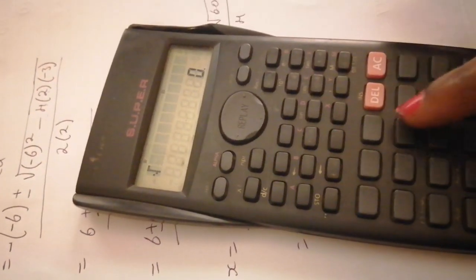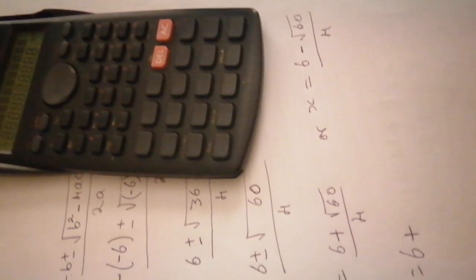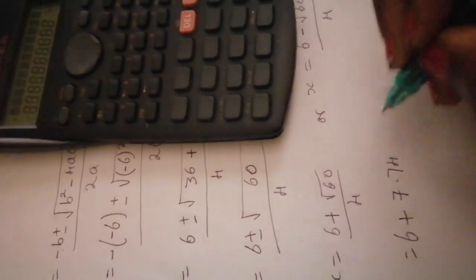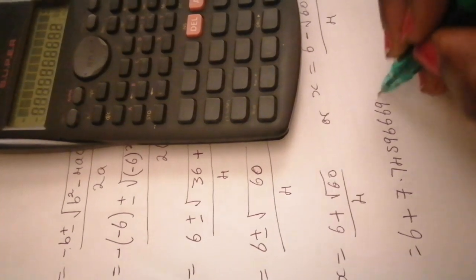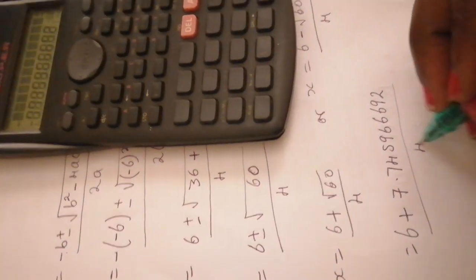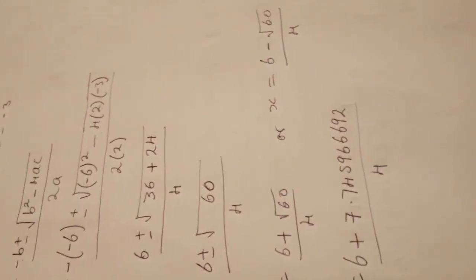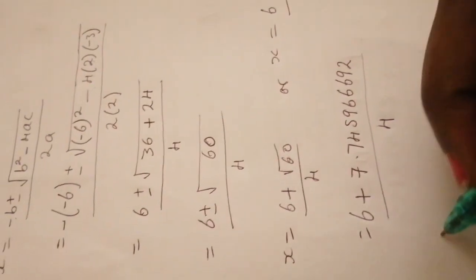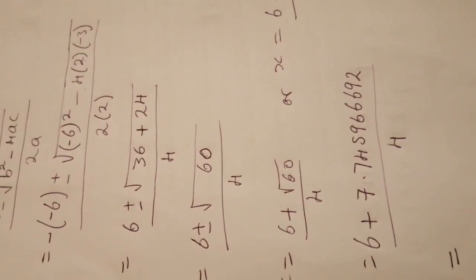So square root of 60 is 7.74. Okay, so we have 7.7459666692, everything over 4. Next we can add 6 plus 7.74596666.